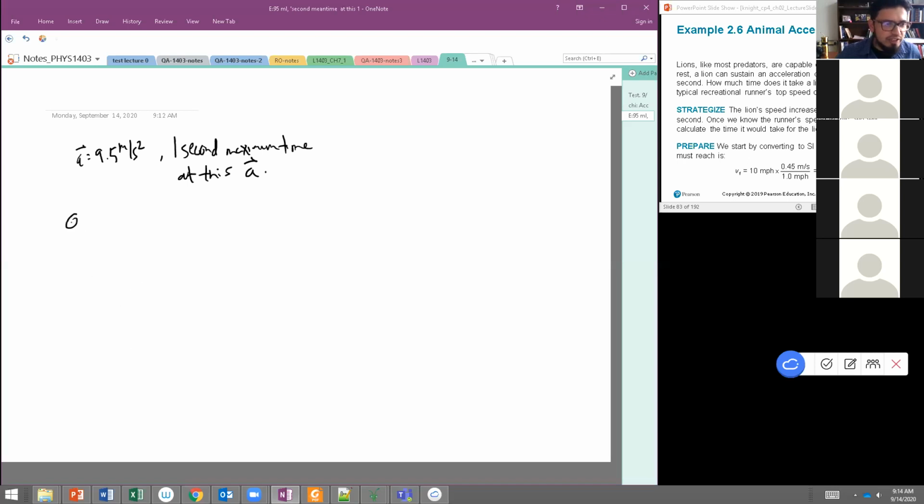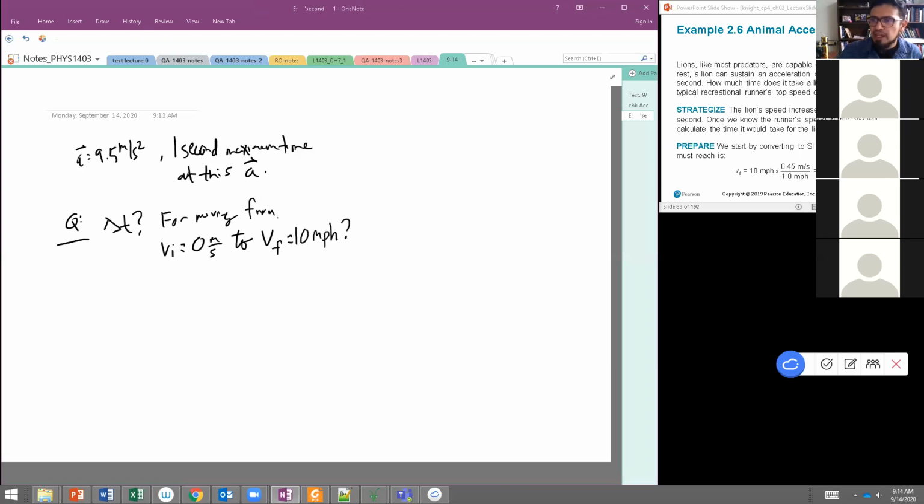So in this problem, they want to know what is the delta t for moving from rest, so initial velocity 0 meters per second, to a final velocity of 10 miles per hour.